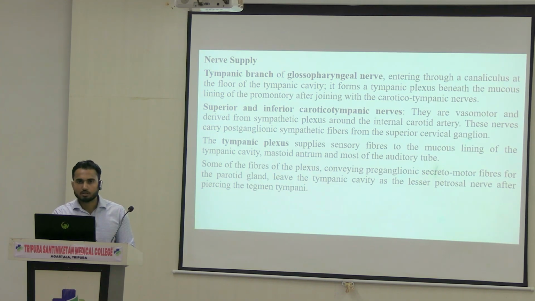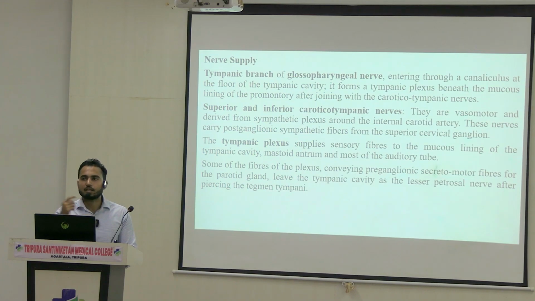Then the chorda tympani nerve. Then the nerve to the stapedius muscle. Then one nerve piercing the floor and entering, which is Jacobson's nerve or the tympanic branch of the glossopharyngeal nerve. Along with that, the anterior wall is pierced by the caroticotympanic nerves and vessels. They are entering the cavity. So these are the nerves which are present.